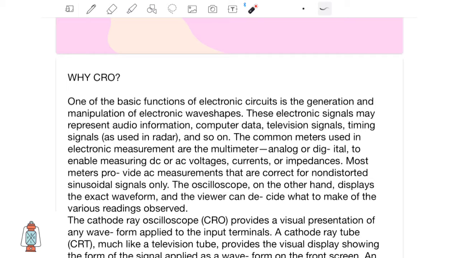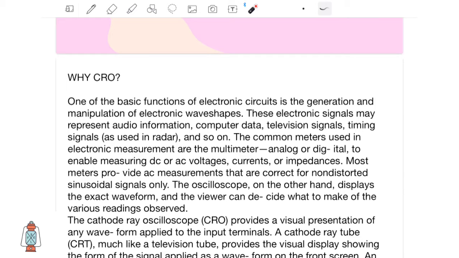So one reason for that is sometimes you need to see the exact waveform your device is producing. Sometimes you want to clip a particular part of your waveform, like you don't want the waveform for this half of the period. So you can clip it only by looking at it.